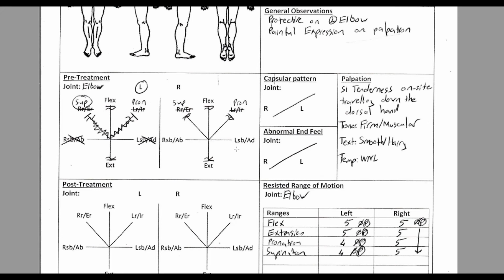So there we are, okay? And we put all the A-ROM and P-ROM fully functional, no problem, within normal limits, all good to go. And then when it comes to left, we have pronation and supination both at 75 degrees, and they're both painful. So when the person is doing pronation and supination of the elbow, they're feeling pain actively up till 75%, and they can only do 75% anyway.